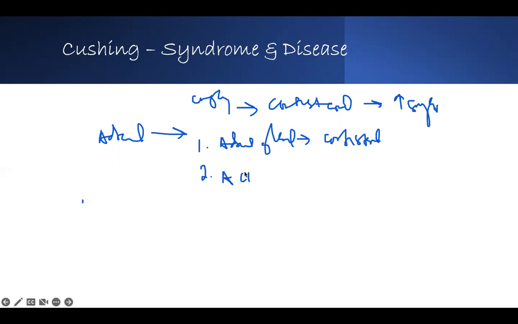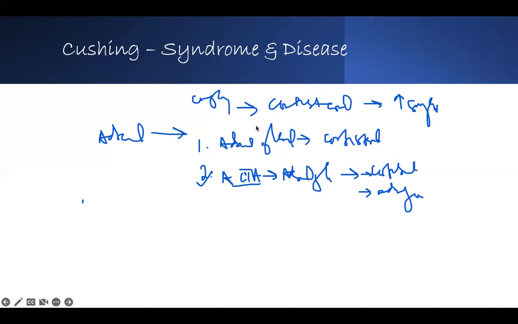Remember, ACTH from the anterior pituitary gland tells the adrenal gland to make more corticosteroid. ACTH will cause more steroid and more androgens. So pay attention, this is what happens, and that's what we call Cushing.